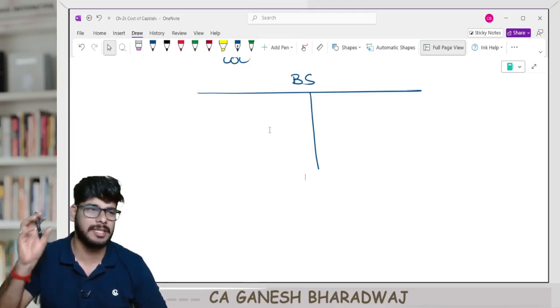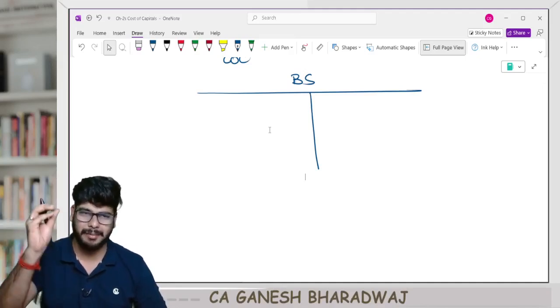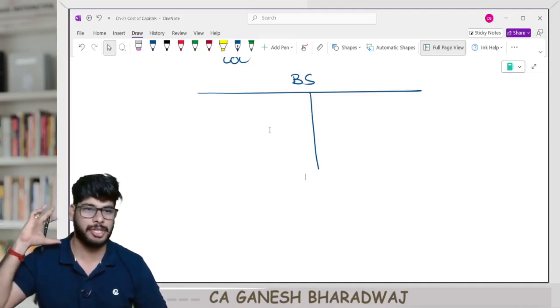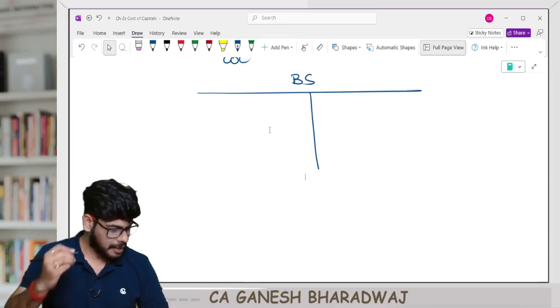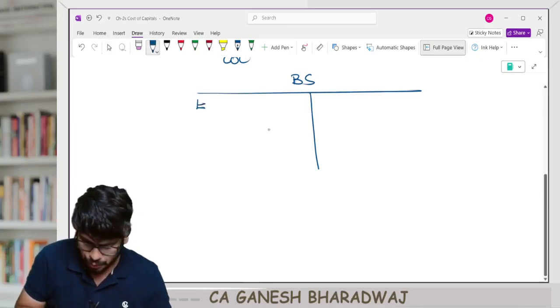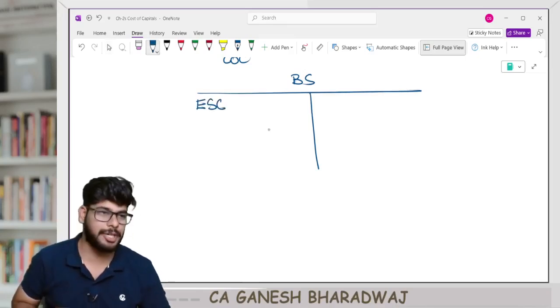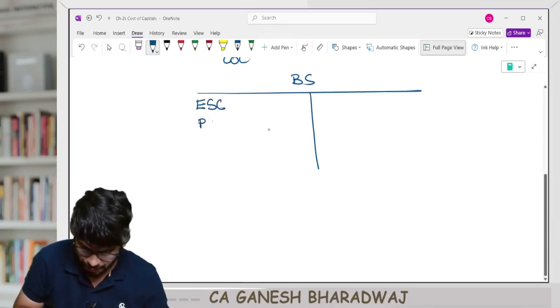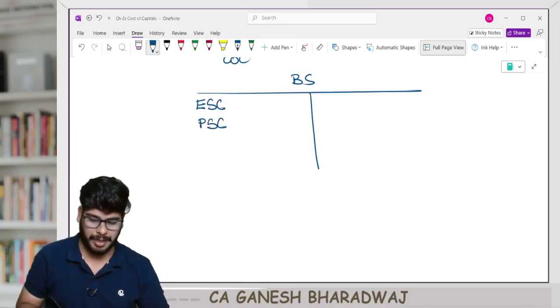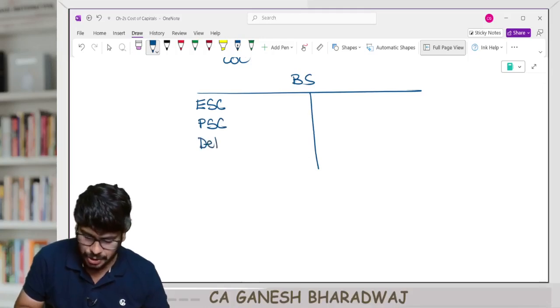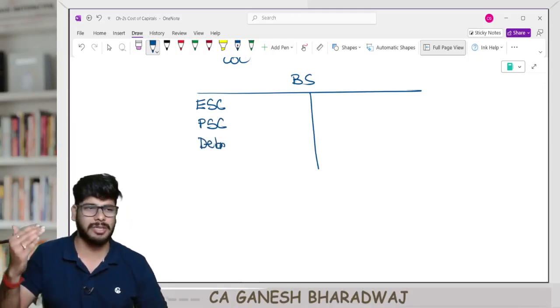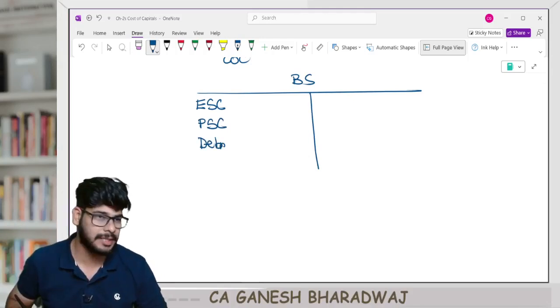Capital means, don't think it is equity capital. No, capital means money in normal financial language. Clear with this? Now, let us say the company is raising. One source of finance is called equity share capital. There is another source of finance called preference share capital. There could be debentures, there could be long-term loans, different sources of finance can be there.